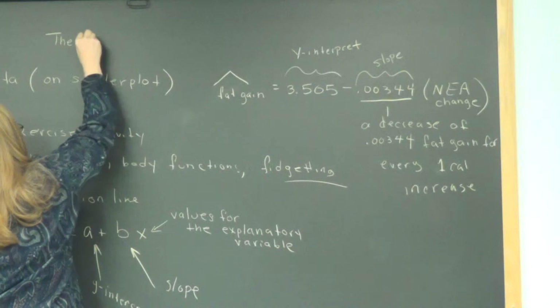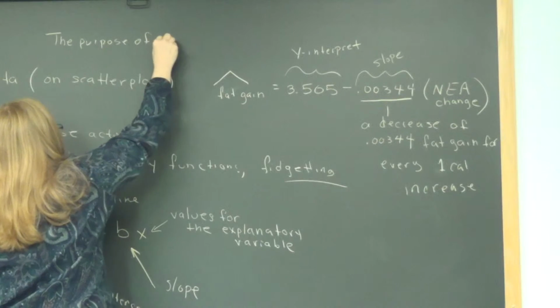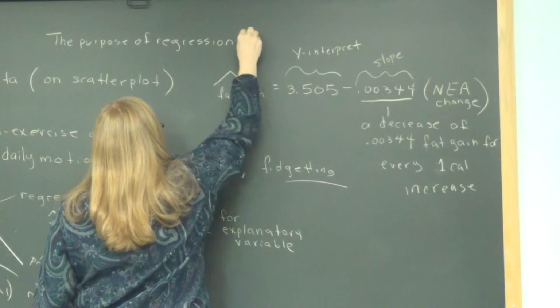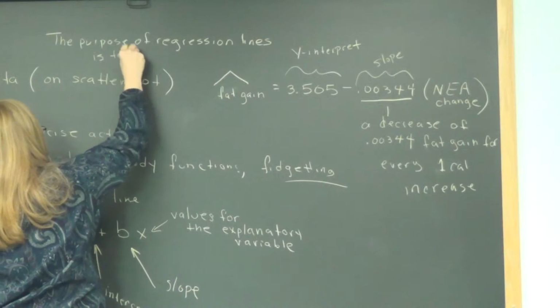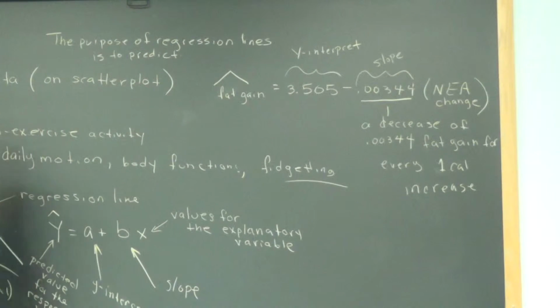The purpose of regression lines is to predict. Because we don't have a point for every scenario, but once we put that line in, we have an infinite number of scenarios.